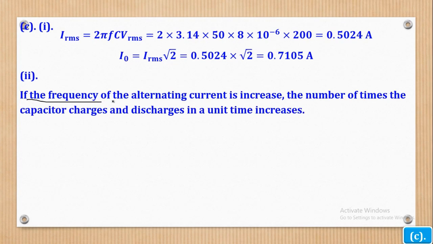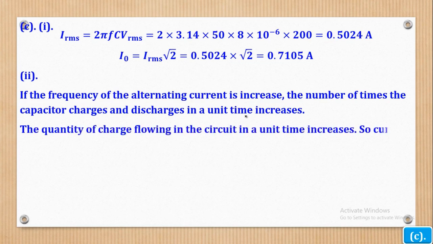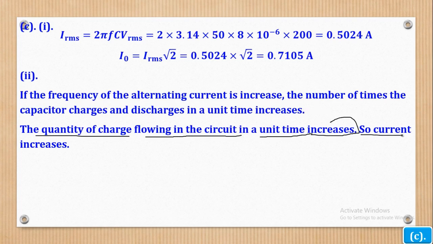So you come and say that if the frequency of the alternating current is increased, the number of times the capacitor charges and discharges in a unit time also increases. That means that the quantity of charge flowing in the circuit in a unit time increases also, and therefore current increases. So increasing the frequency increases the current.